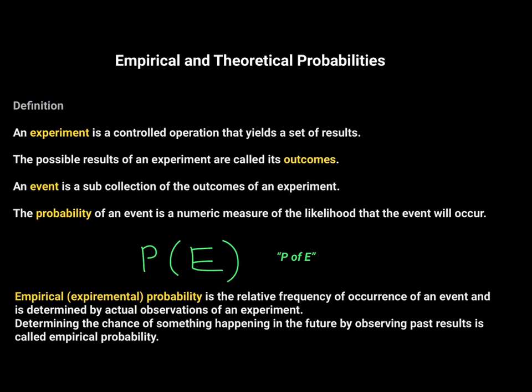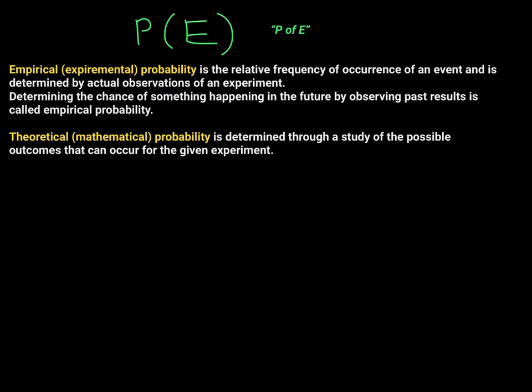Determining the chance of something happening in the future by observing past results is called empirical probability. This is different than theoretical probability. Theoretical or mathematical probability is determined through a study of the possible outcomes that can occur for the given event or given experiment.